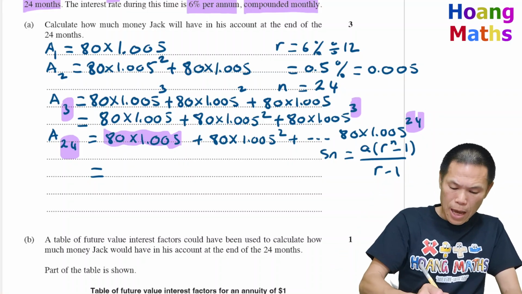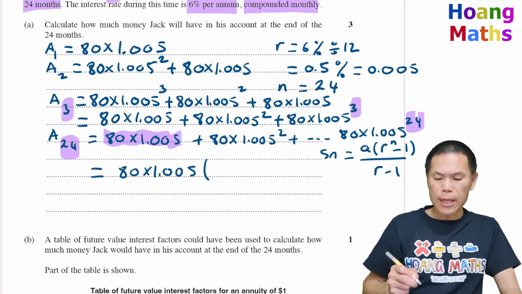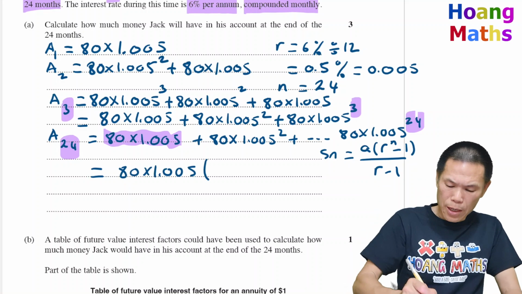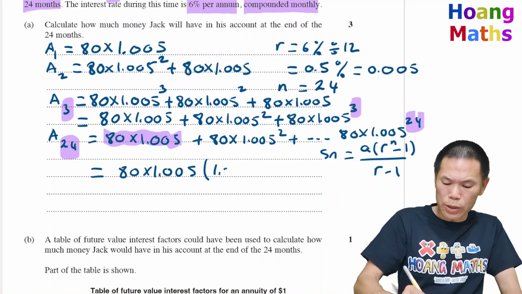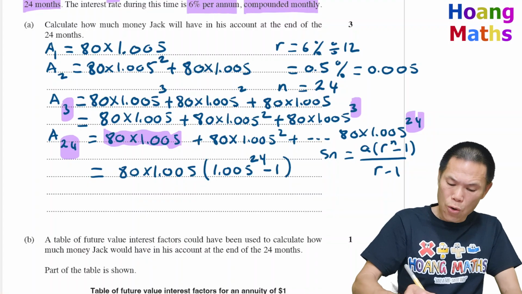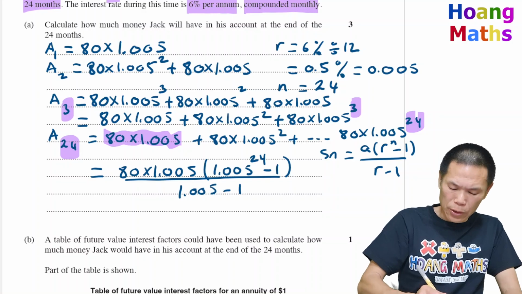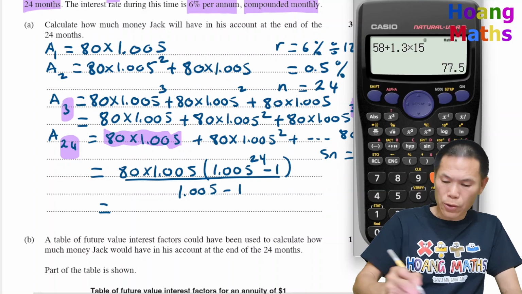So that is 80 times 1.005. That is A, the first term. R is 1.005. To the power of 24, that is r to the n, minus 1, over 1.005 minus 1.